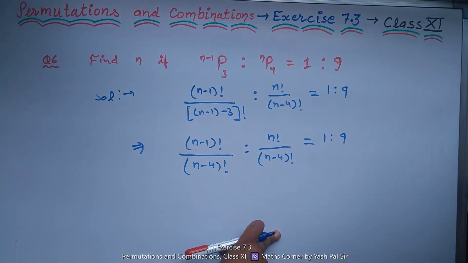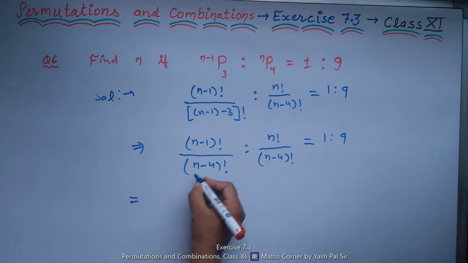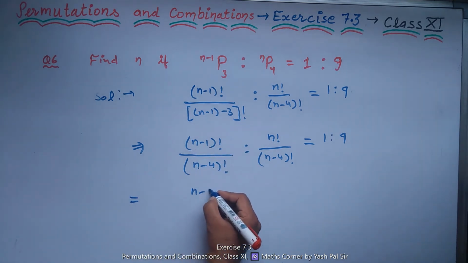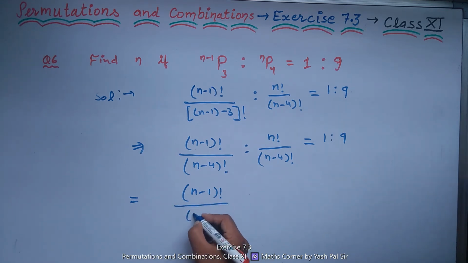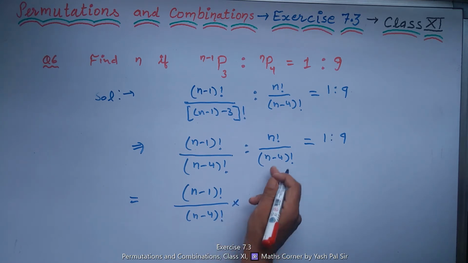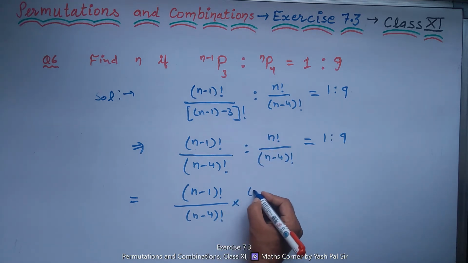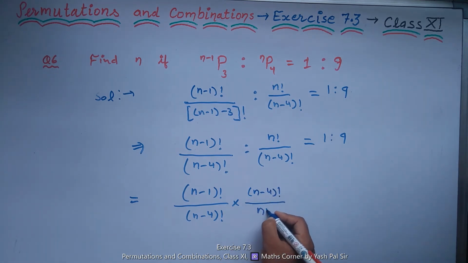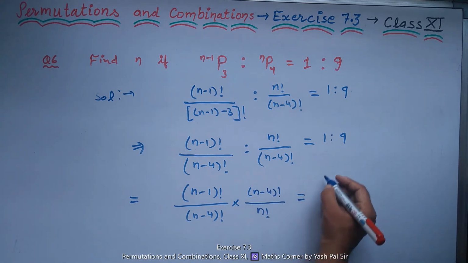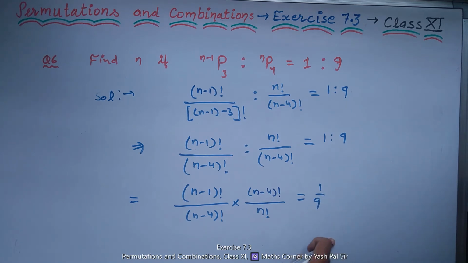Now how can we solve further? This can be written as (n minus 1) factorial divided by (n minus 4) factorial, into (n minus 4) factorial divided by n factorial, is equal to 1 upon 9.